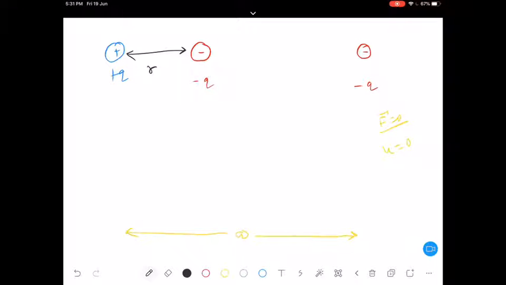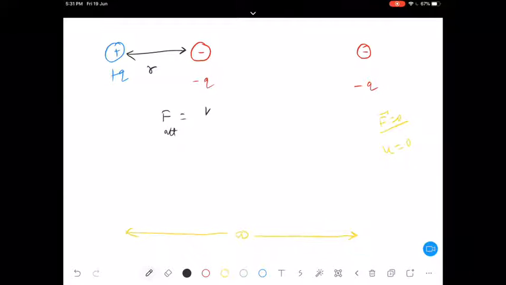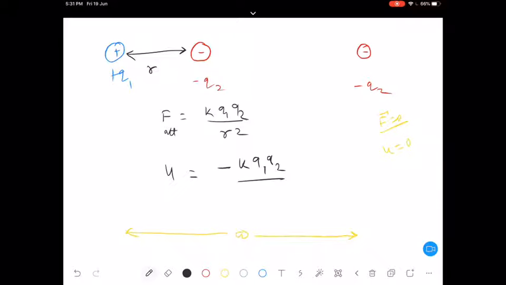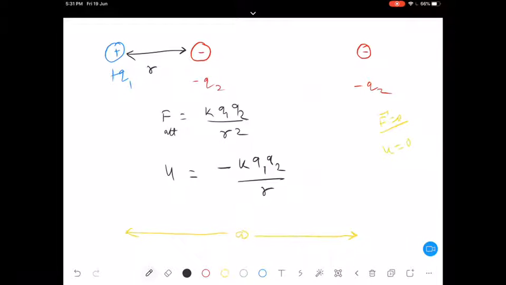at a certain distance of r, there will be some force of attraction, which you can write as k q1 q2 by r square, and this electrostatic potential energy I can write as minus k q1 q2 by r. Again, f dot ds you can write. Is that correct?